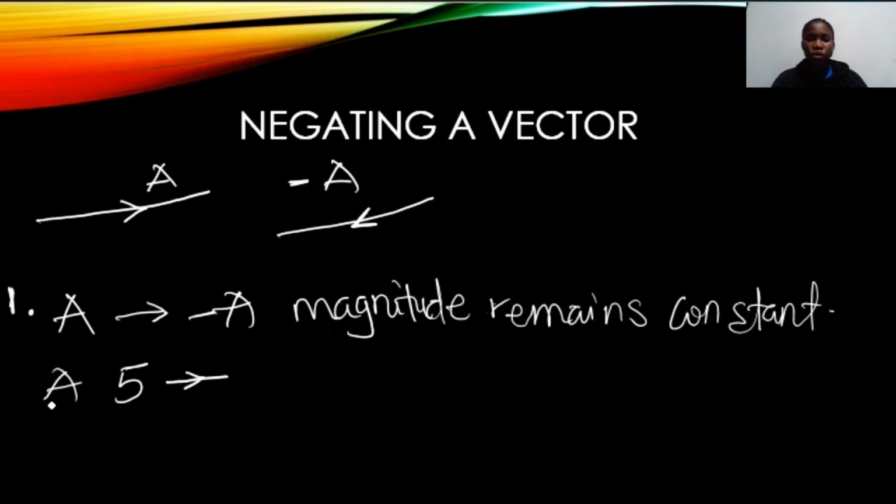When we want to negate this vector, we'll have negative A with the same magnitude of 5. It's still having the magnitude of 5, but its direction changes. So this is the first observation that has been made. The magnitude of the vector would always be the same and will not change.